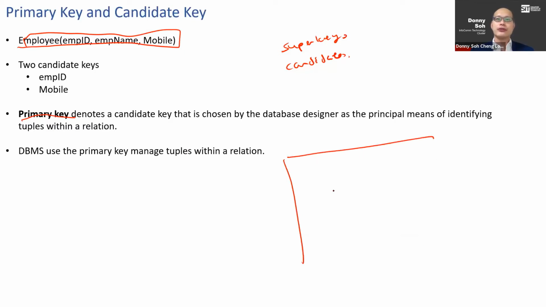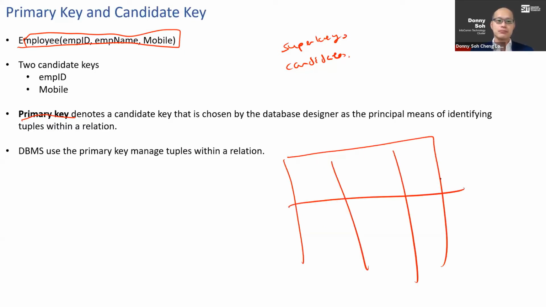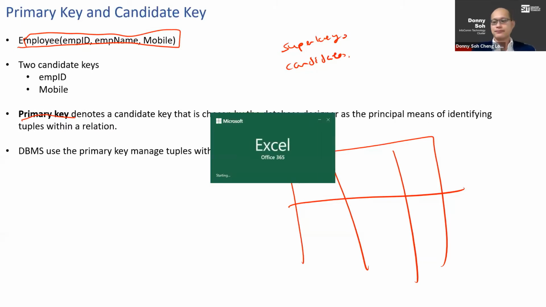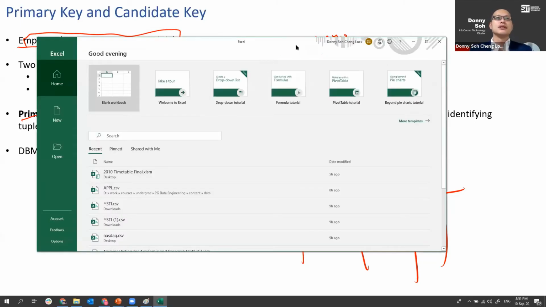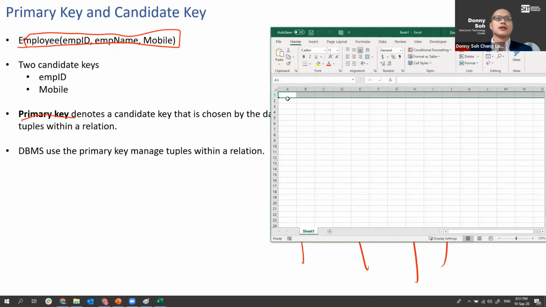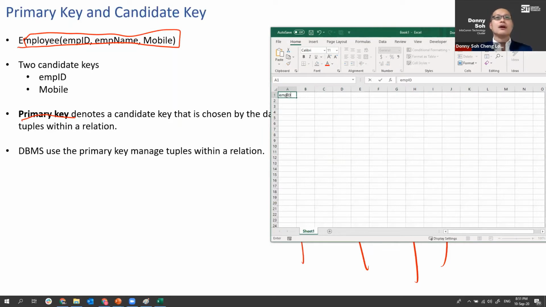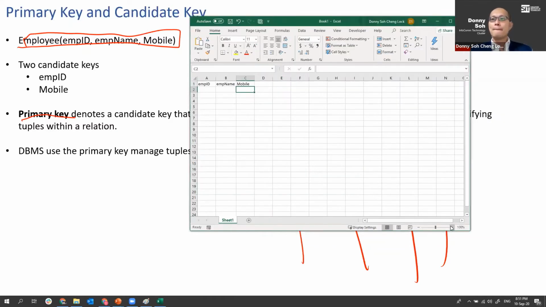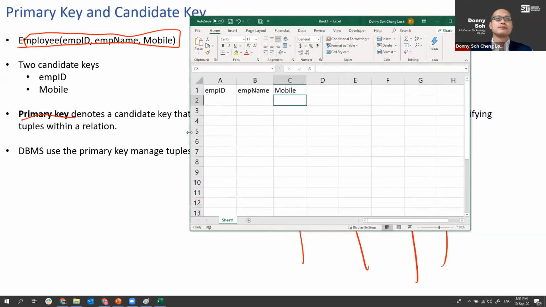So we have this table, and we have employer ID, EMP name, and mobile.